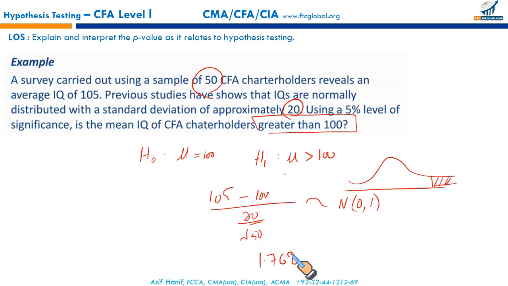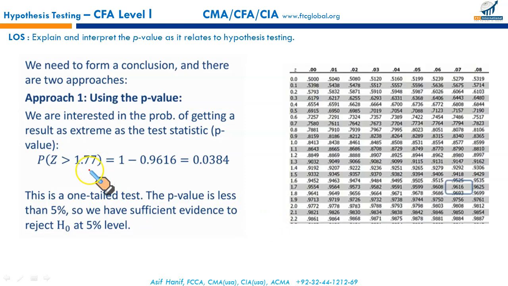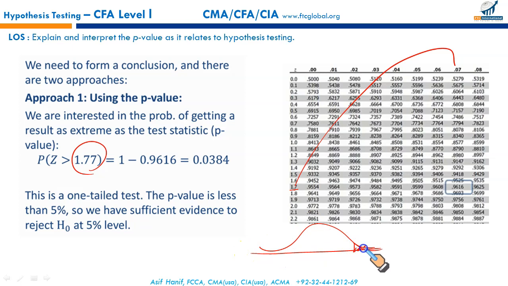Now how do we solve this? This is the test statistic. Let's see. It's approximately 1.77. 1.7 gives you 0.9616. Since we are interested in this region, it's going to be 1 minus the value that we see in the Z table, that's 0.96.